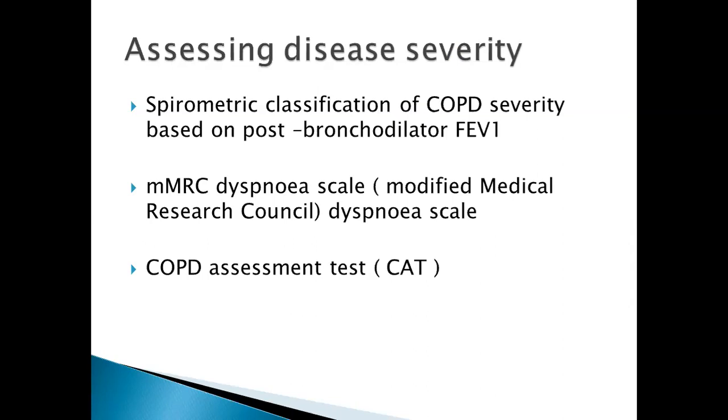And then you have the modified Medical Research Council dyspnea scale, and then the COPD assessment test, that is the CAT. And so the second, that is the mMRC, and then the CAT are more of a clinical assessment or scoring of the severity of the disease in patients with COPD. But the spirometric classification will give you a better picture because that one is more objective.